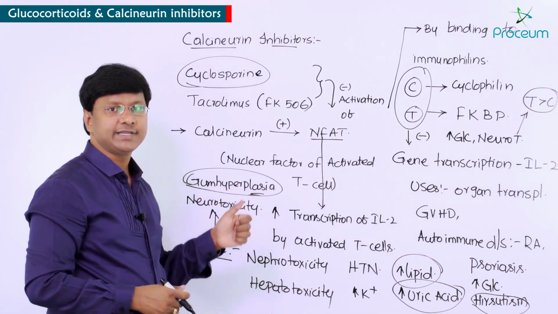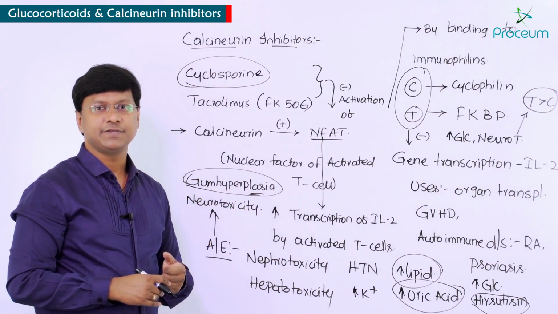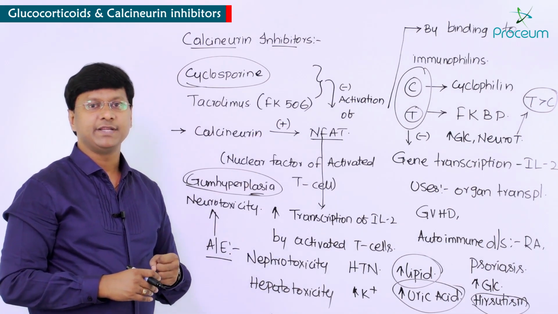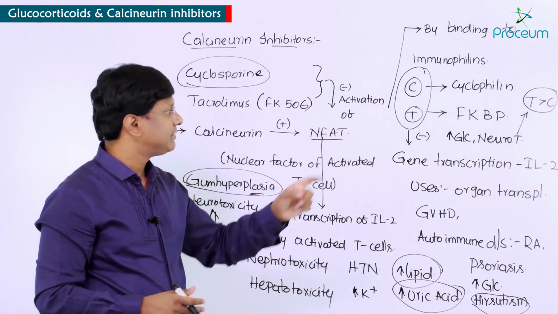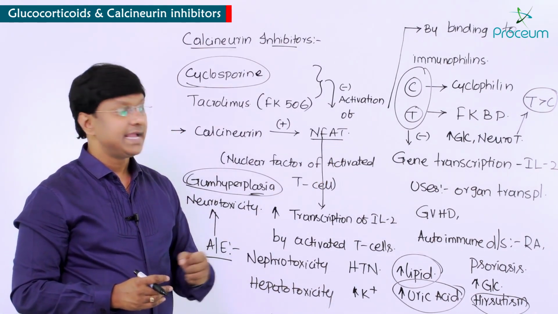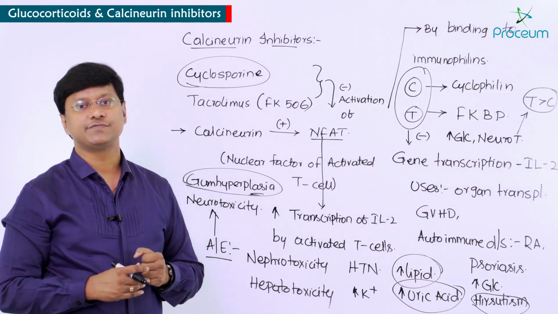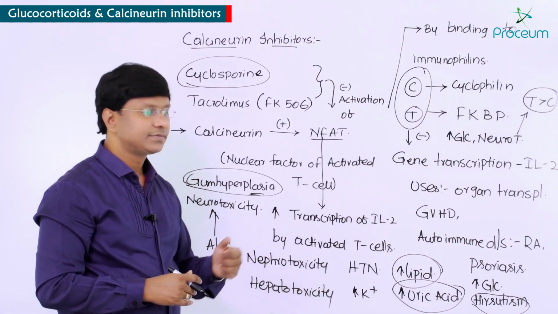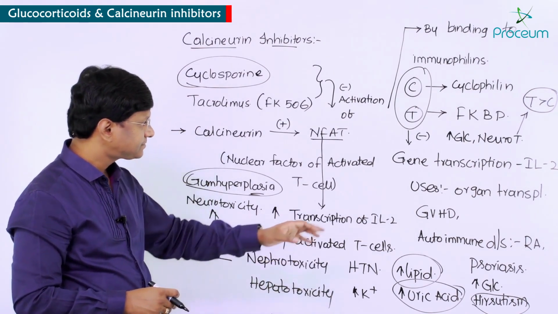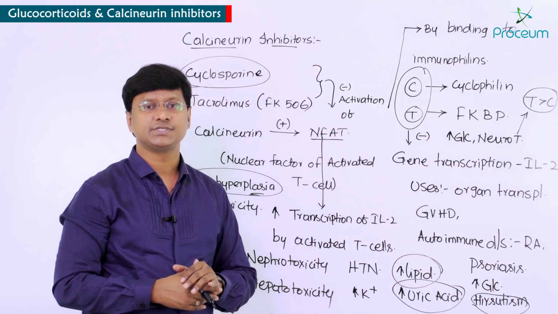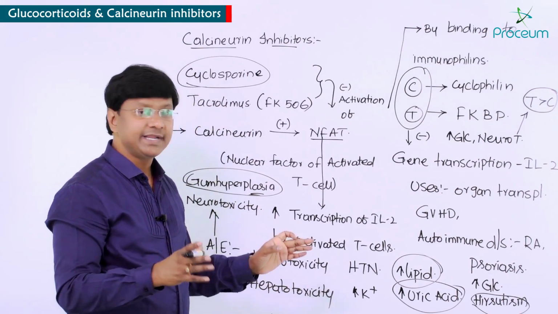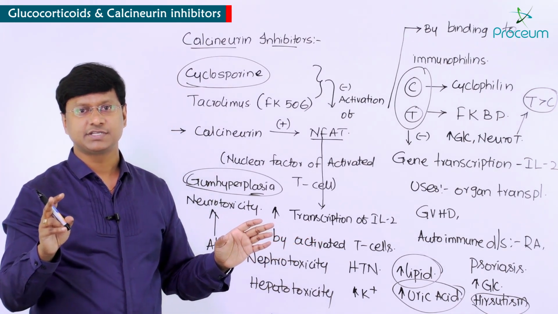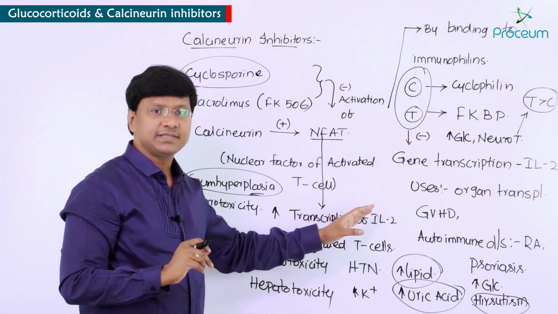Cyclosporin and tacrolimus inhibit the activation of NFAT by binding to immunophilins: cyclosporin binds to cyclophilin, and tacrolimus binds to FKBP. The net result is the inhibition of gene transcription of interleukin 2. Now, where are these drugs used?